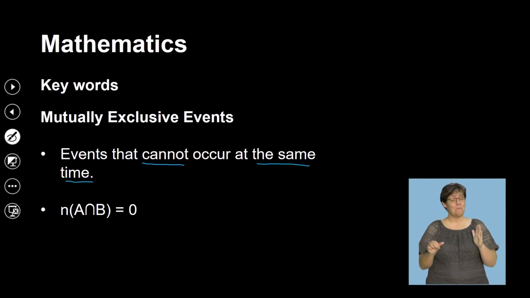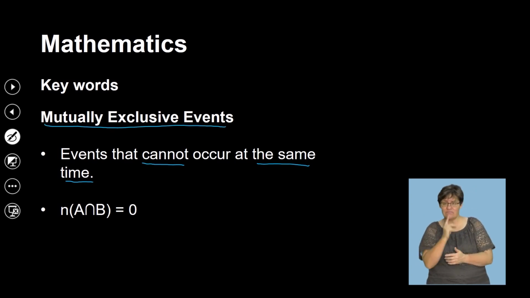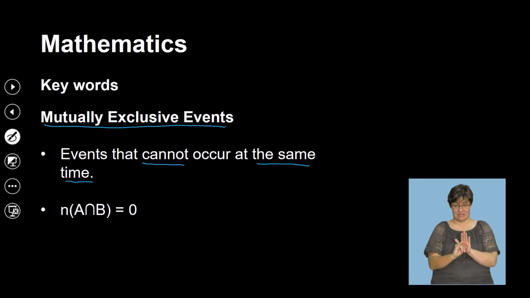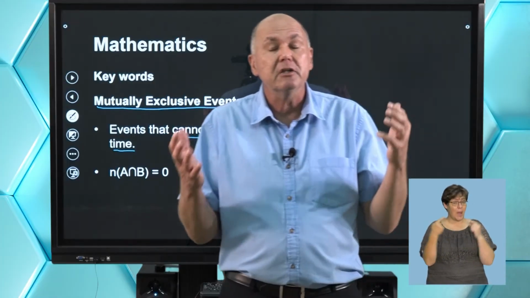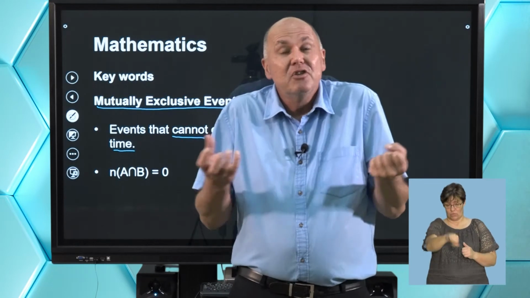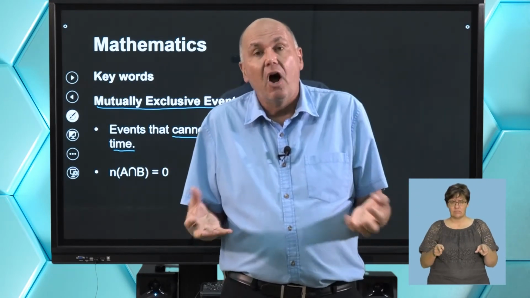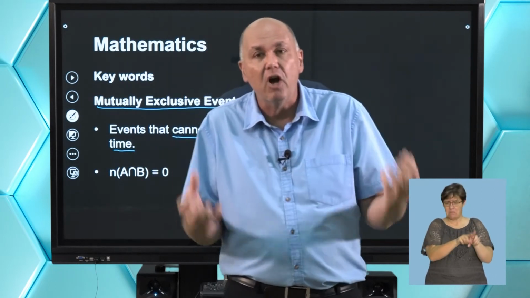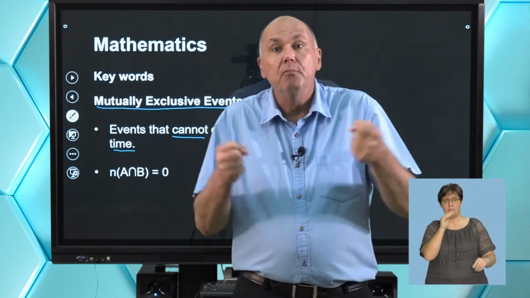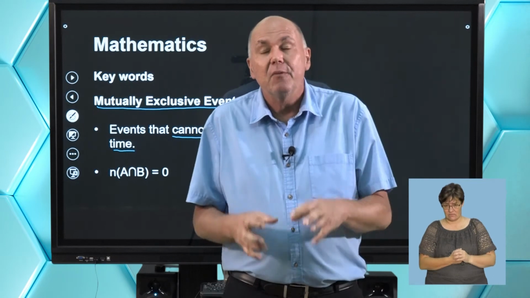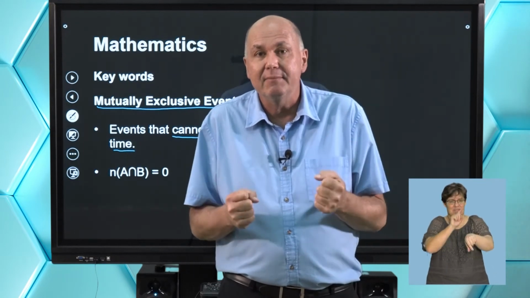Very, very important. Even at a high level of studies in probability, you would be asked to identify, is an event mutually exclusive or not? And it's not that difficult to recognize. If these events do not have anything in common, then they are mutually exclusive. So they can't take place at the same time.